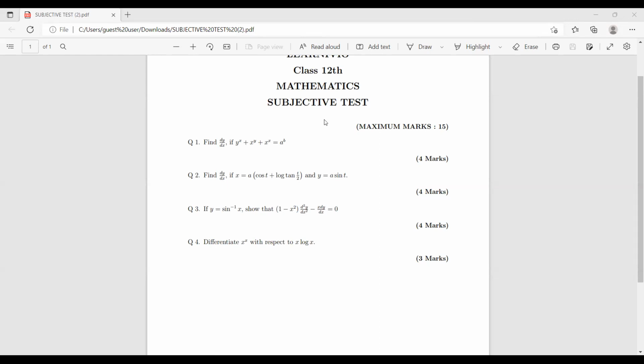Similarly, next week also you have a test, okay, of differentiation only, not limits. So the topics we have covered till now. Is it fine if next week I will take the test of complete differentiation?